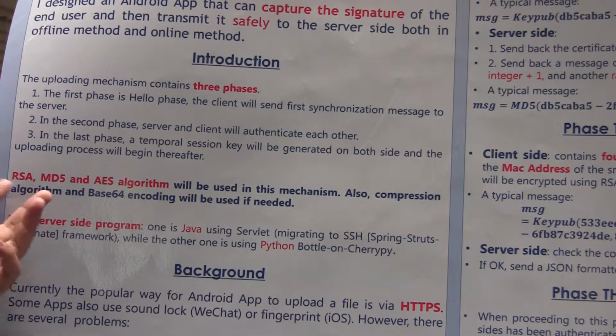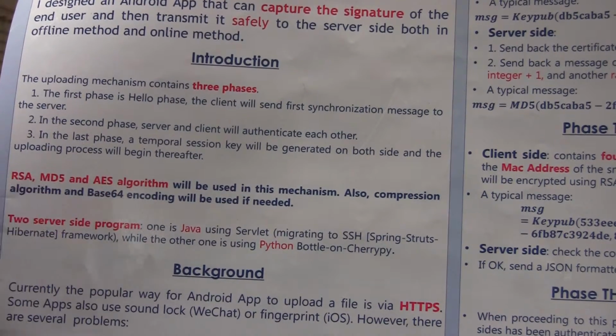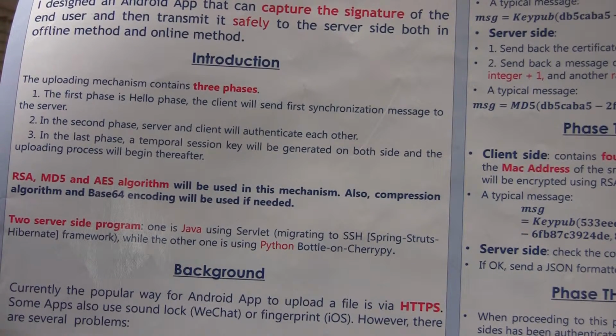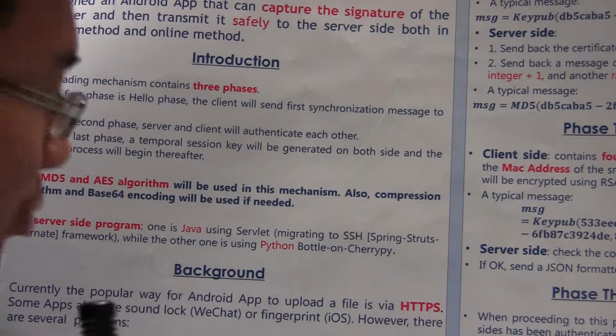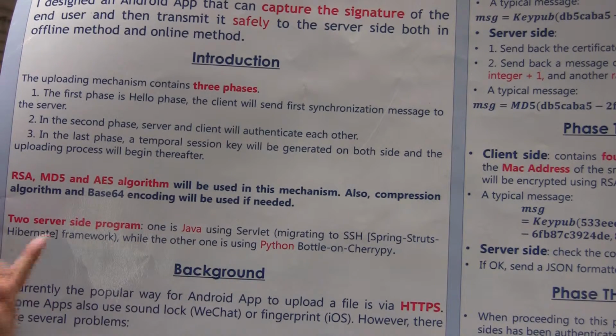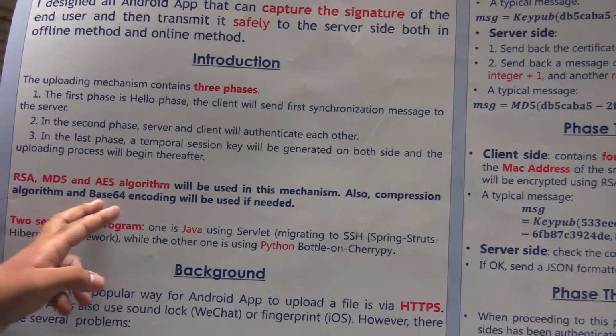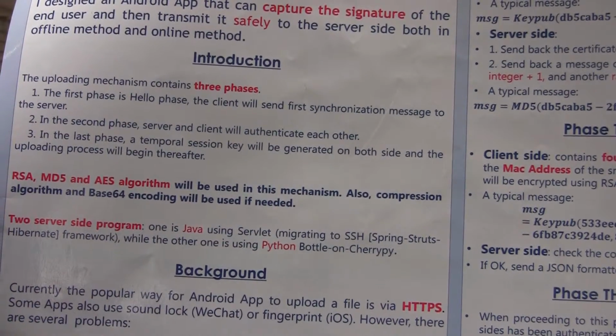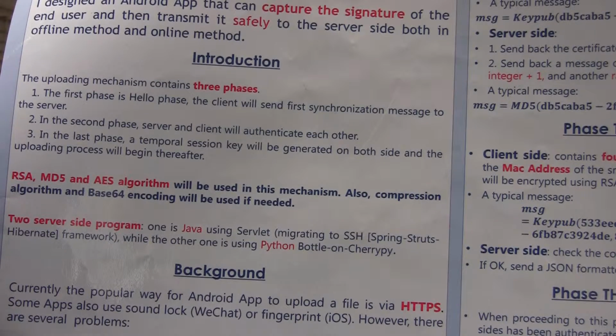So RSA, MD5, and AES algorithms will be used in this mechanism. And if the image is too big, we can also apply a compression algorithm using gzip, and to avoid some coding scheme conflicts, for example GB2312 or Big5, we all use UTF-8 encoding and use base64 encoding to encode the encrypted data.